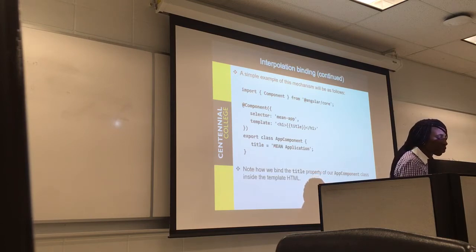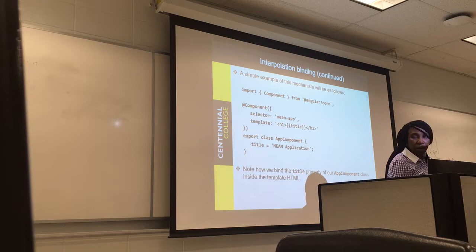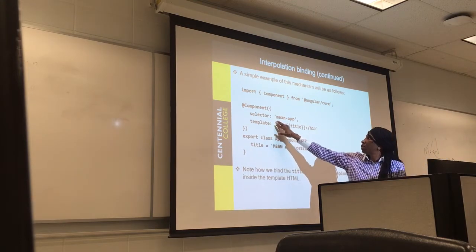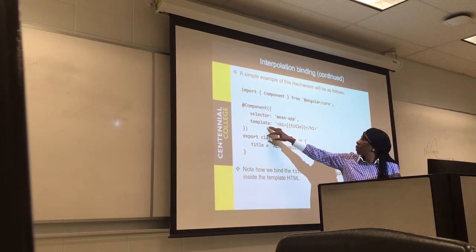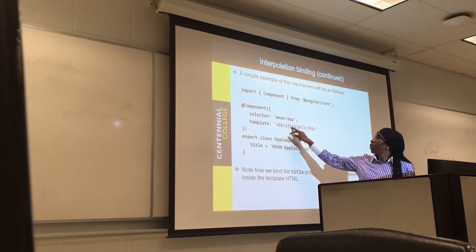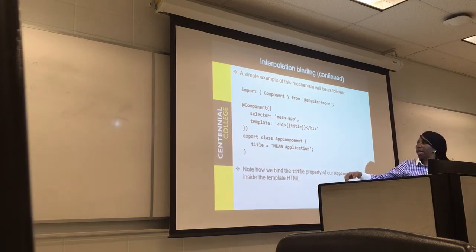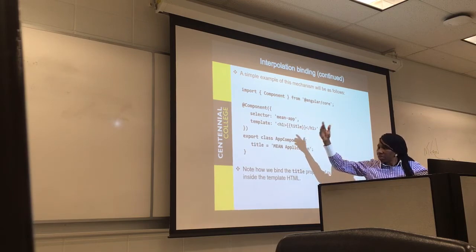Here we have import Component from Angular. Remember we are using the component. We have the selector, which is equal to main app, and the template. Here we are looking at the heading style 1 element in the application.